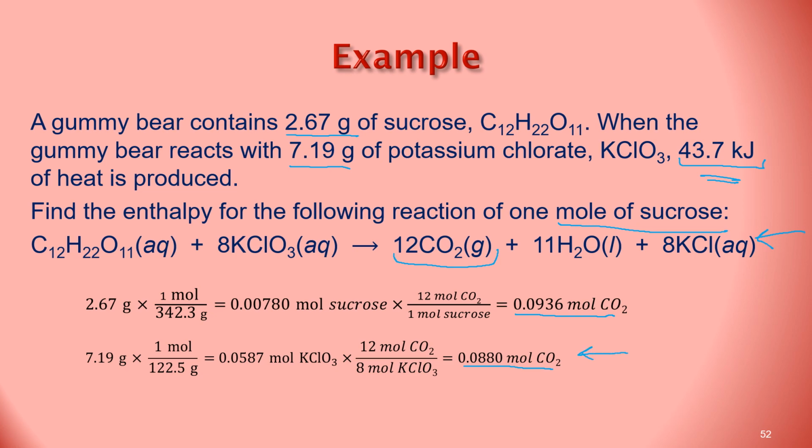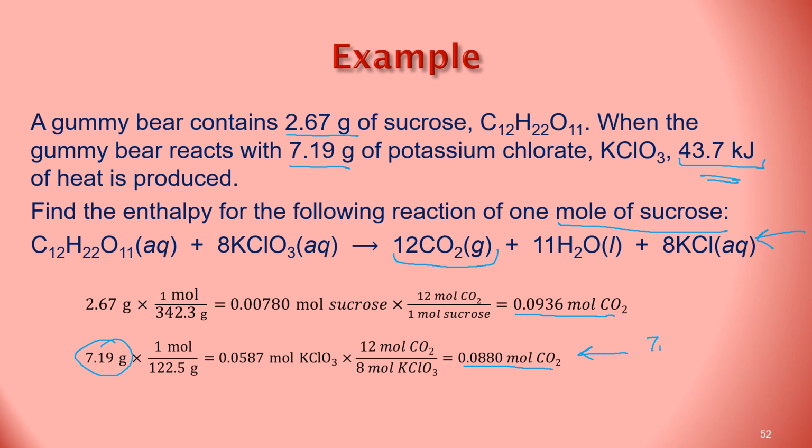Okay. So now what? All right, so we know that if we react 7.19 grams of KClO3, we get off 43.7 kilojoules.